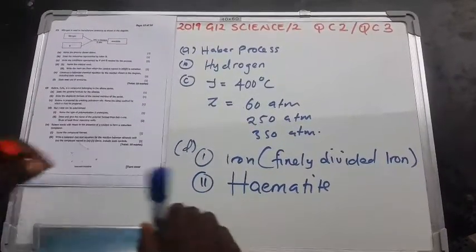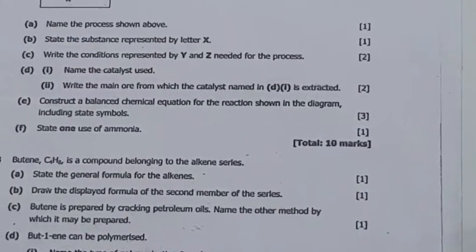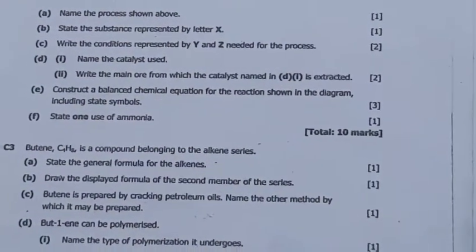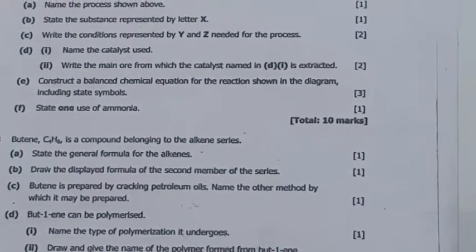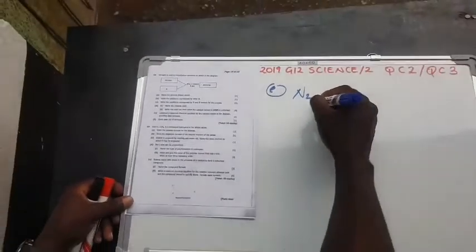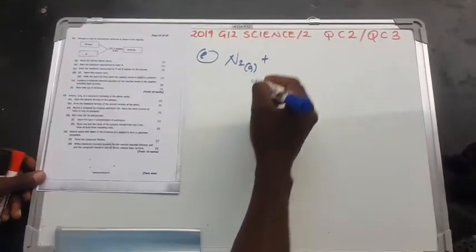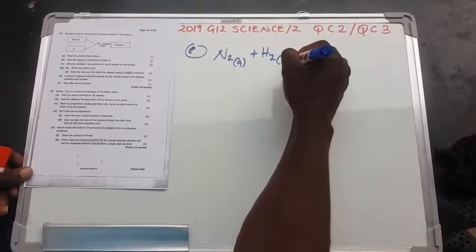Now E is saying construct a balanced chemical equation for the reaction in the diagram. So we know that nitrogen as a gas is combining with hydrogen as a gas.